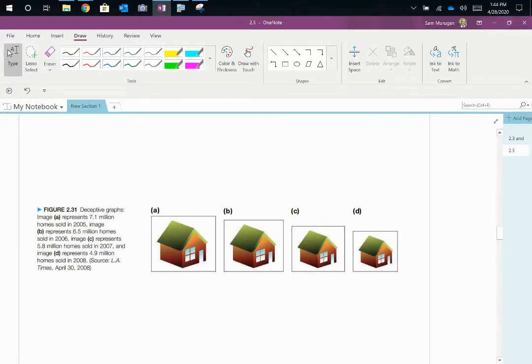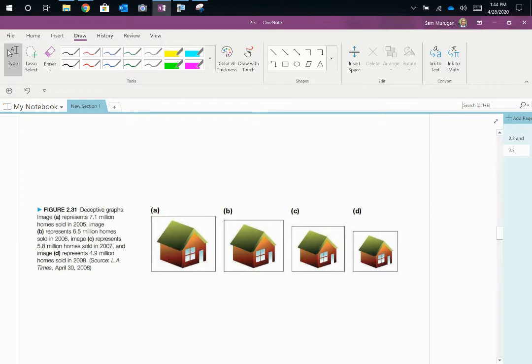Here, the icons used are misleading, and they give an inappropriate graph that's not applicable to the situation. It's using this home icon that's larger than the number actually represents.